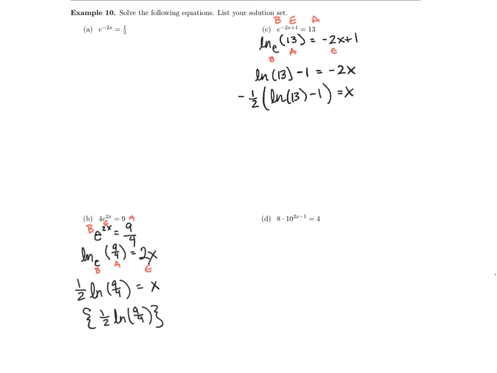From here, I'm going to take the negative 1/2 and distribute it inside here. I'm not going to multiply it to that 13 because the 13 already has the natural log being applied to it. So this will just look like negative 1/2 natural log of 13 plus 1/2 is equal to x.